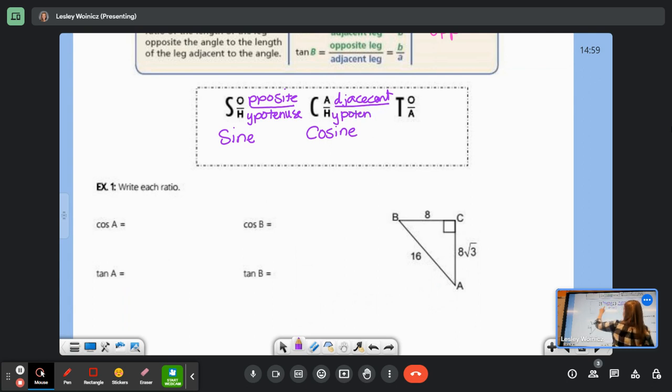Tangent is opposite over adjacent. So when people talk about SOHCAHTOA, this is what they're talking about. It's just a device to help you remember the names of the ratios and then which sides comprise those ratios. So far, so good? Okay.